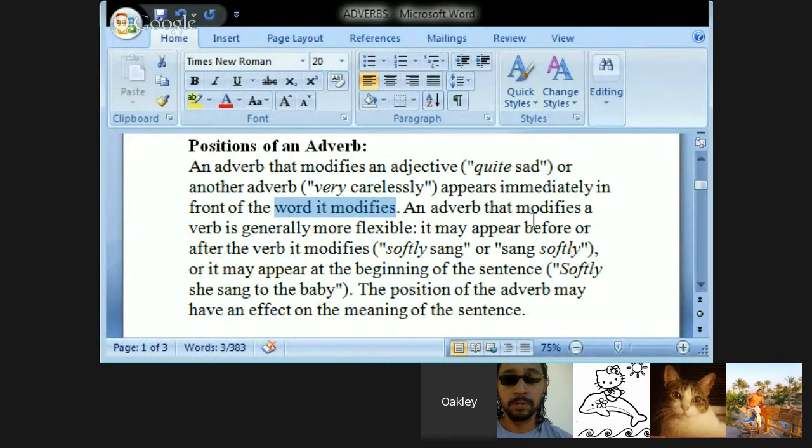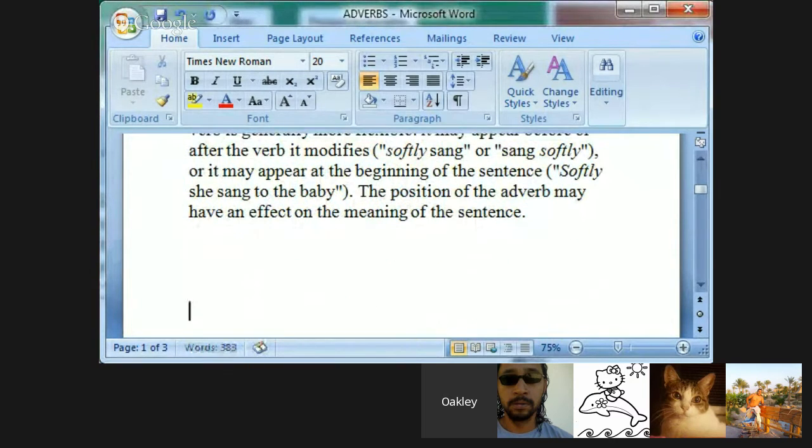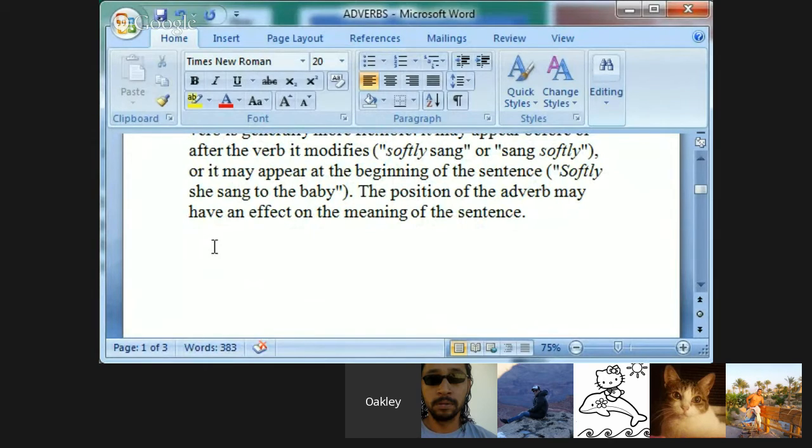Let's try adjectives first. I would like to have you guys try forming a sentence. It can be quite simple. Oh, there. It can be quite simple. Quite, adverb. Simple, adjective. There we go. There's a good example. You can make a very simple sentence to show me adverb and adjective. Let's try that first.